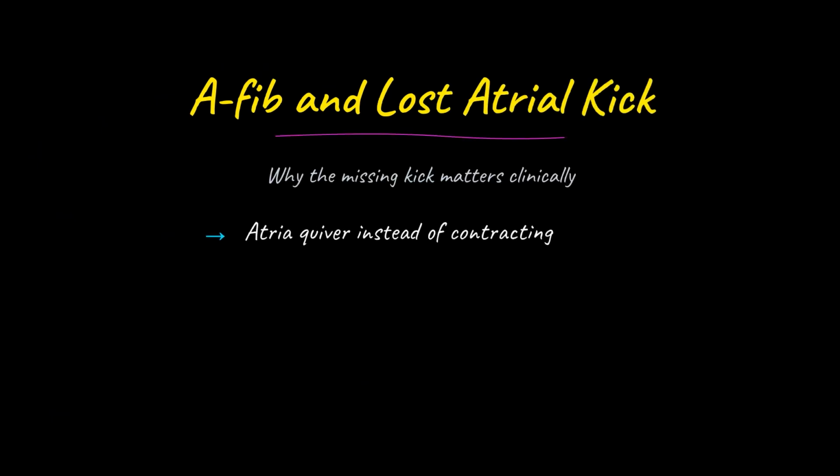In atrial fibrillation, uncoordinated atria cannot contract effectively, so their contribution disappears entirely. When atrial fibrillation removes the coordinated atrial contraction, the ventricles lose that final volume top-off each cycle.